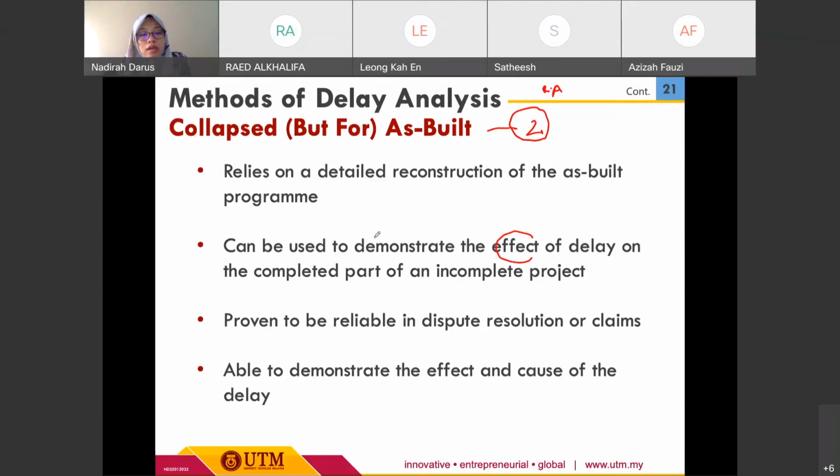Compared to the previous one, which is the most basic and simplest method, this method can demonstrate the effect of the delay. And this collapsed as-built is proven to be reliable in dispute resolution or claims, especially for the compensation process, because it is able to demonstrate the effect and cost of the impact.